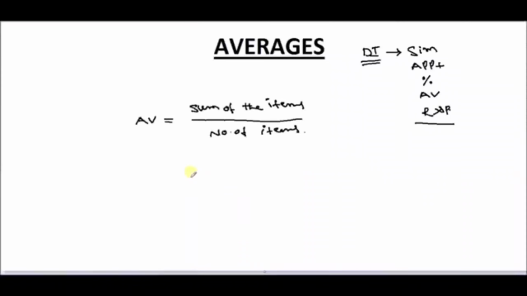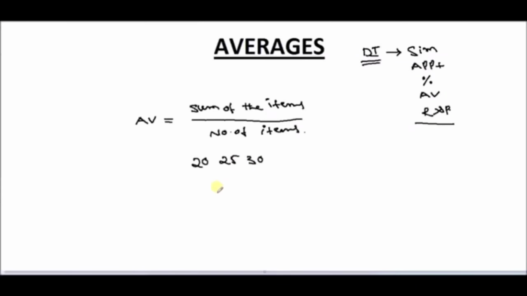For example, let us start with a small example. We need to find the average of three findings. The first finding is 20, second is 25, third one is 30. What is the average of these three?